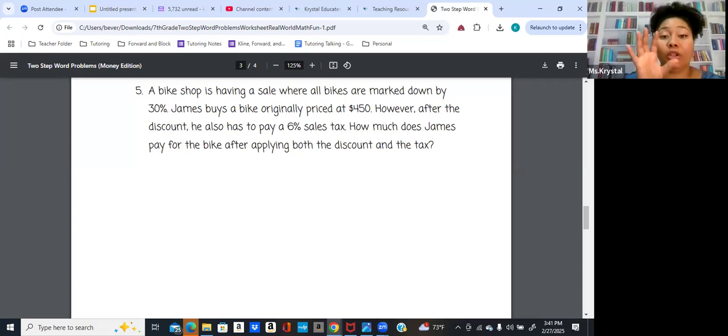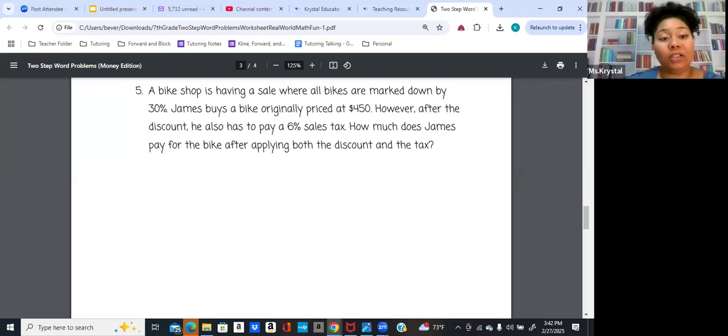So from there, you're stuck with 315, and you need to figure out what 6% of 315 is so you can take that and add it back to your number to pay the sales tax. So remember, that's 315 times 0.06, and you should get $18.90.